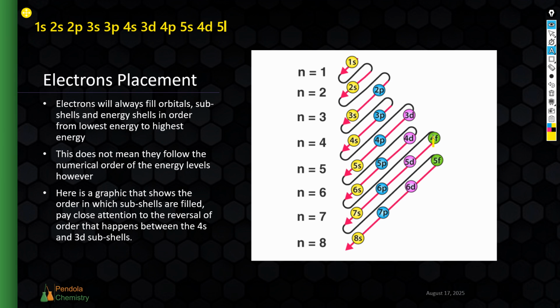Then 5p, 6s, 4f, 5d, 6p, 7s, then all the way from 7s up to 5f, 6d, 7p, 8s. So this is the order in which the sublevels are filled with electrons. 1s is filled first, then 2s, 2p, 3s.